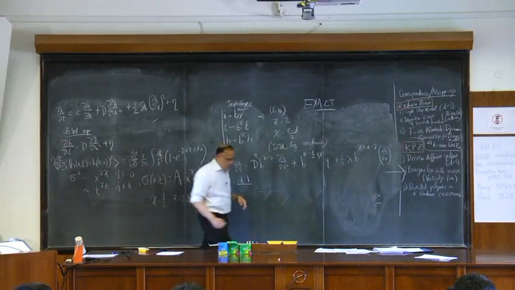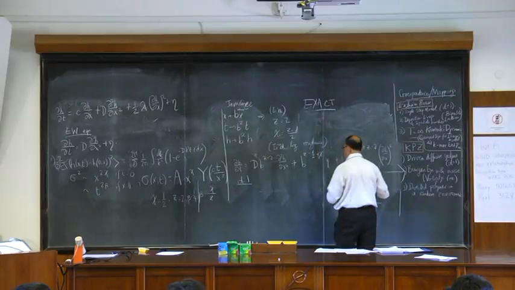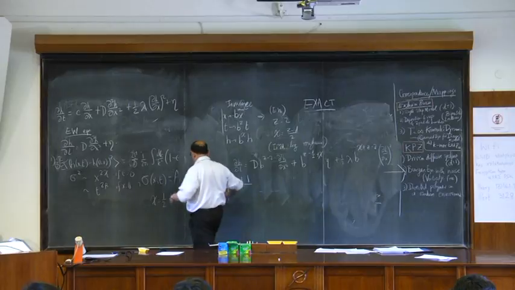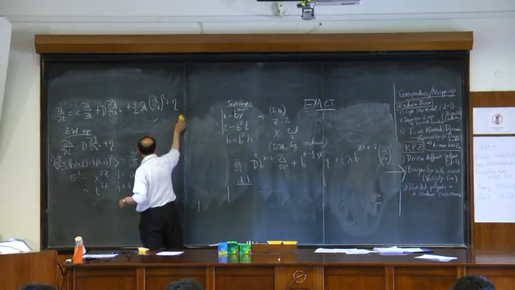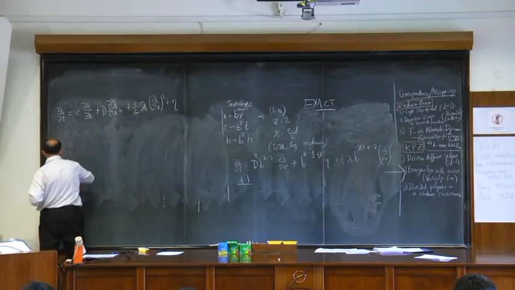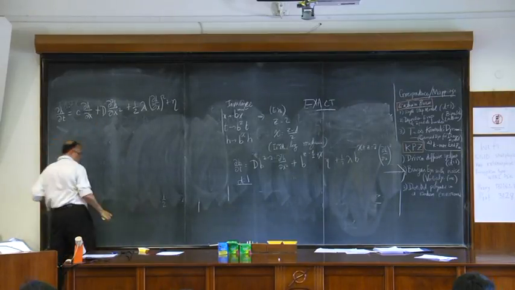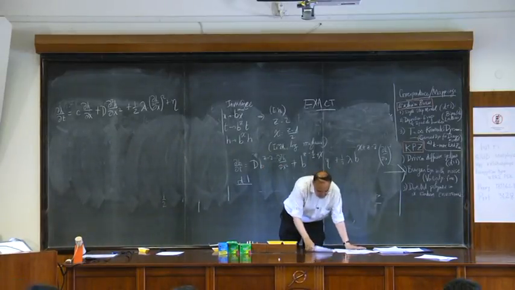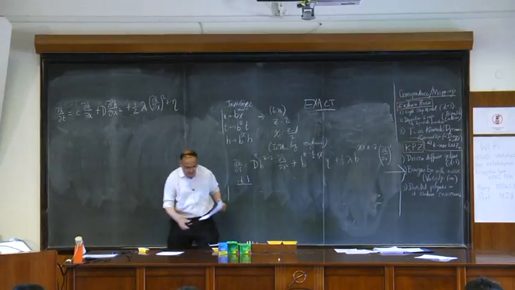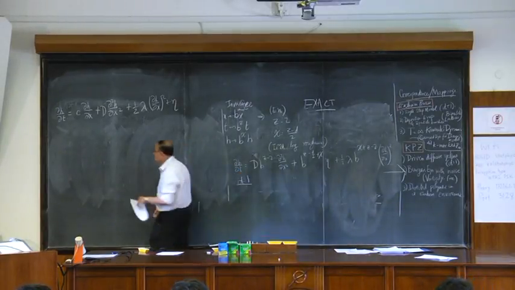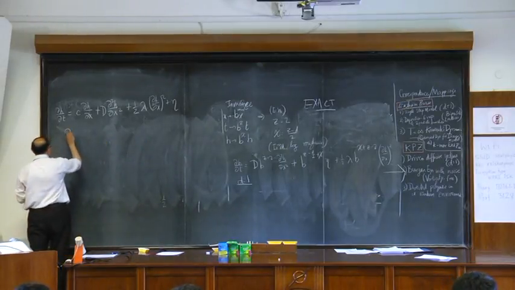Okay, so let me first of all write the Burger's equation so that you will all remember what it is. It's an equation for the velocity field in a fluid. Okay, so here let me write it. So dV by dt plus V dot grad V, where V is a vector in any dimension.